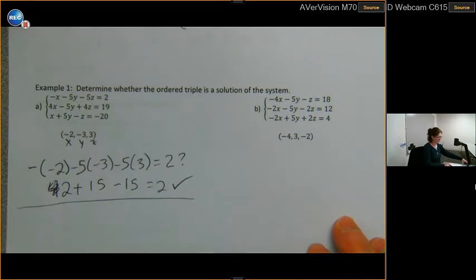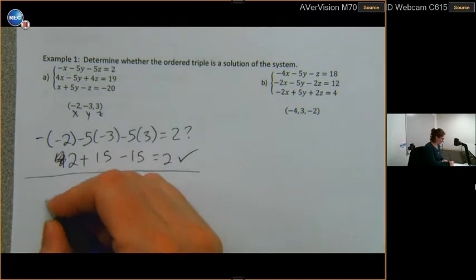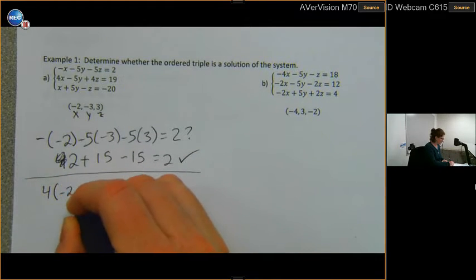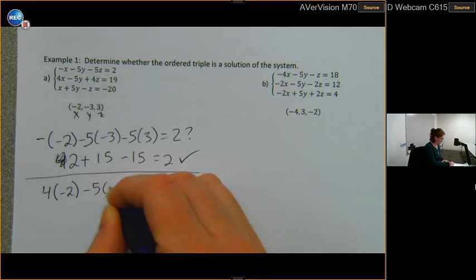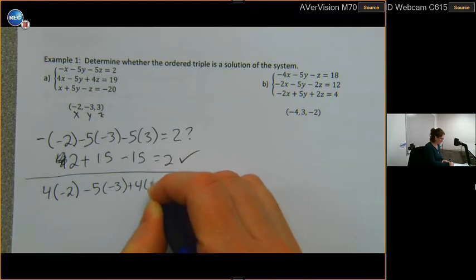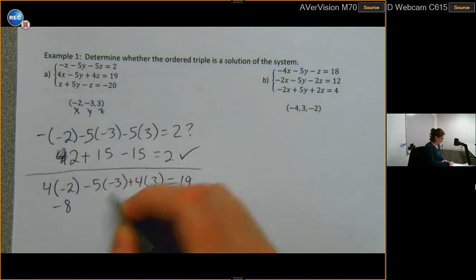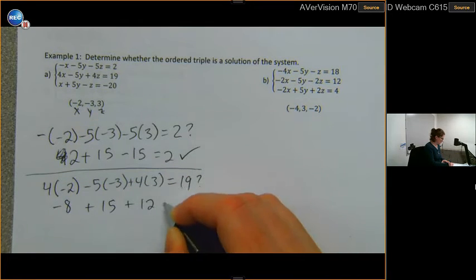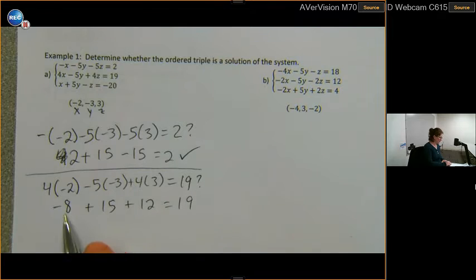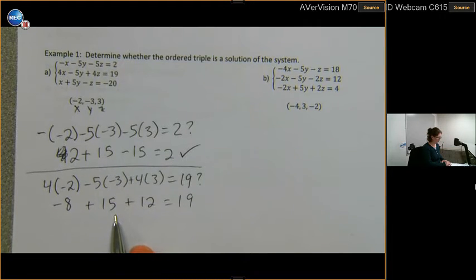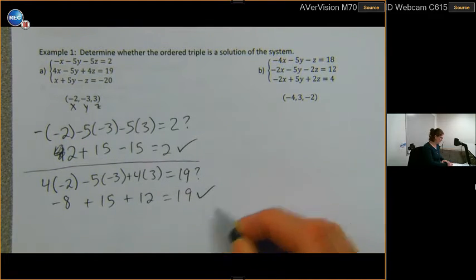And then we substitute into the middle equation. Negative 8 plus 15 plus 12. Does that equal 19? So let's go with negative 8 and 15, that's 7. 7 plus 12 is indeed 19.